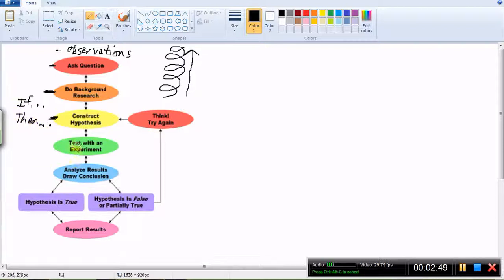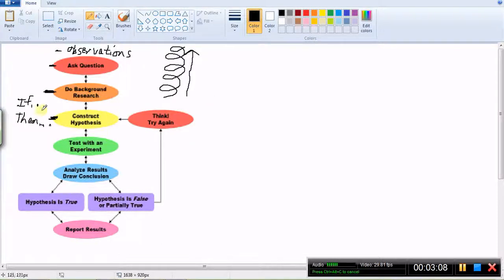what will happen? The example and experiment that I'll use today to go through this will be feeding mealworms different kinds of food to see how much they grow. Mealworms are just a type of worm, very common in science classes because they're easy to experiment with.